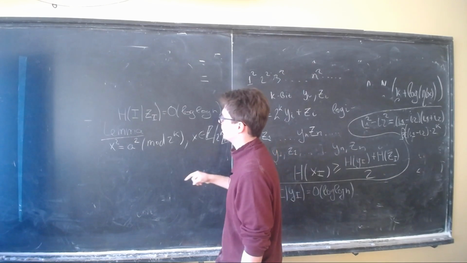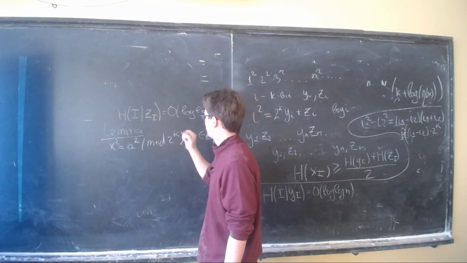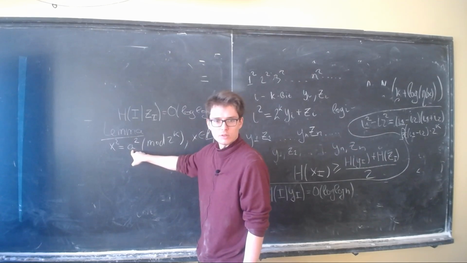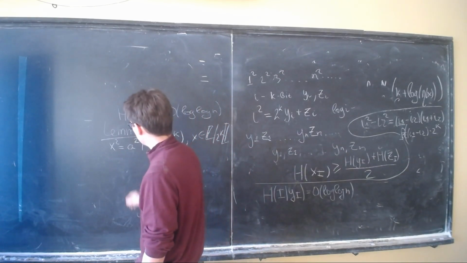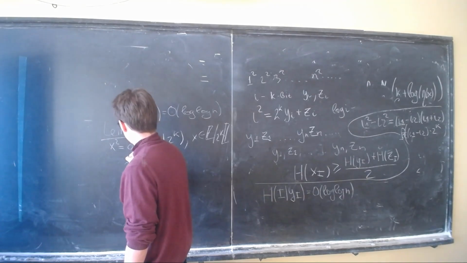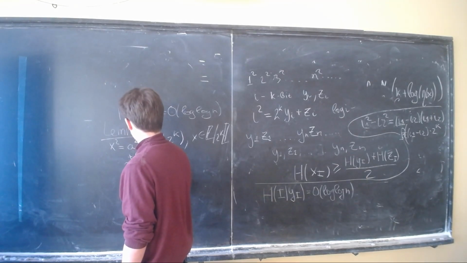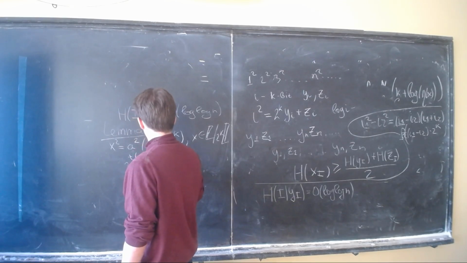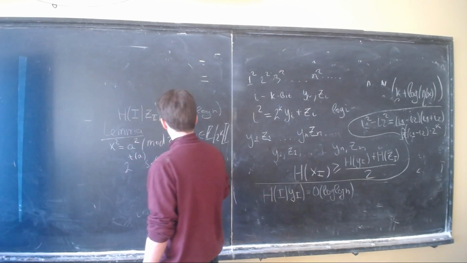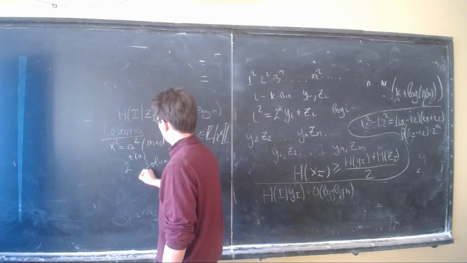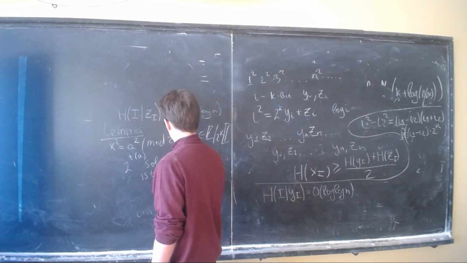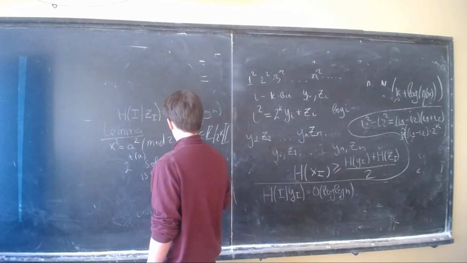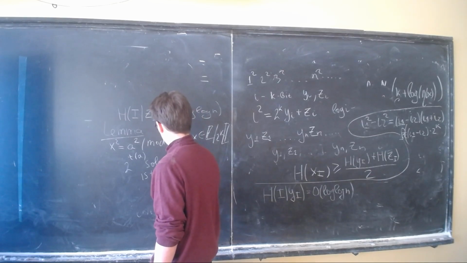How many remainders satisfy this equality given a? I claim that this equality has at most 2 to the t of a solutions, where t of a is the maximal d such that 2 to the d divides a.